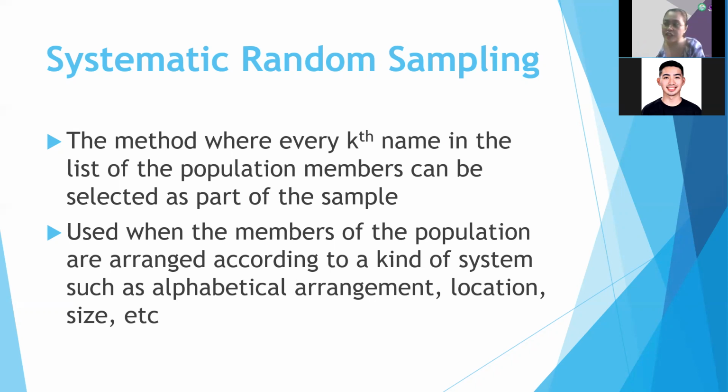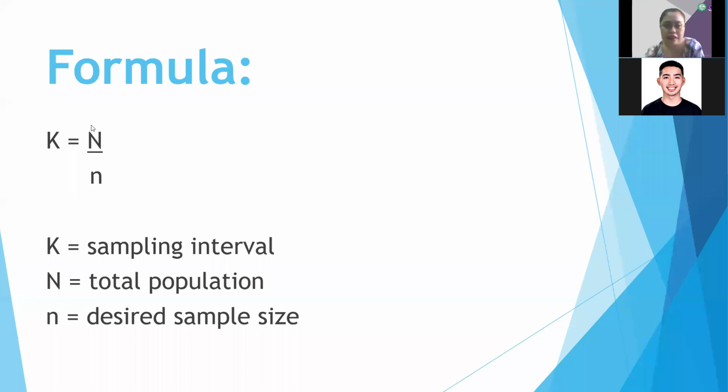Either you arrange the names alphabetically or you arrange the names according to their location or whatever way of listing the names of your participants. Tapos, gagamit tayo ng formula. This is our formula. K is the sampling interval, N is the total population, and then small letter n is the desired sample size. So wait lang ha.